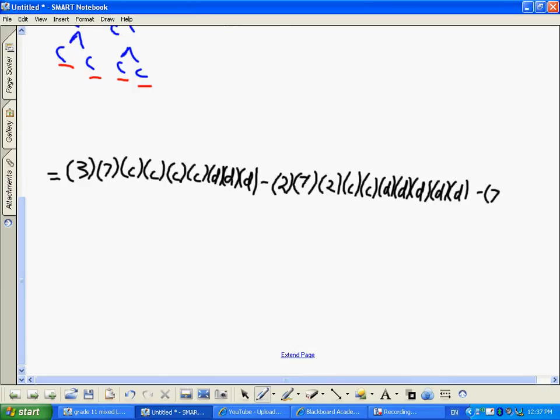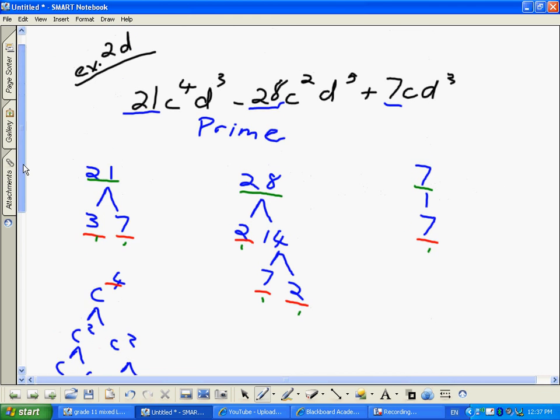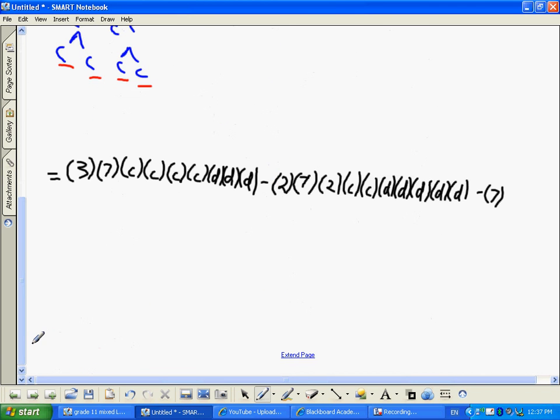And finally, we're left with 7 and C and 3 D's. I think I can fit this. C and 1, 2, 3. Okay, we fit it all in one line. That is very expanded. In fact, that is the most expanded form you could have of any numbers, okay?